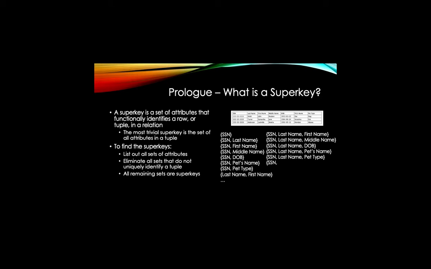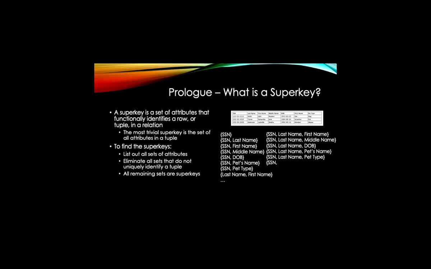Pet type, if only one person on the planet had an alpaca and only one person had a cat and only one person had a dog, probably be a decent, unique, functional map, but that's not true either. So other than Social Security number in this case, we can logically just eliminate everything by itself. Then we start to get into more detailed versions.